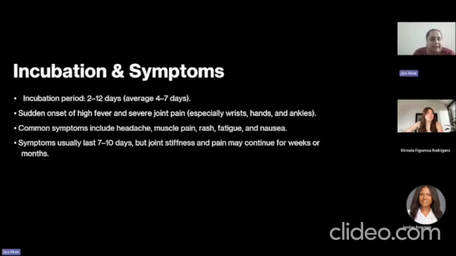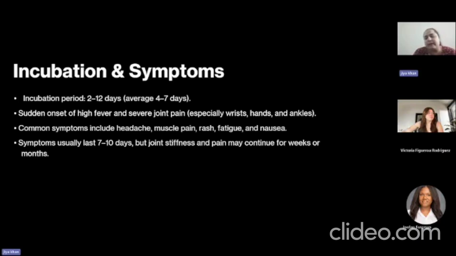The next slide I will talk about is incubation and symptoms. After a person is bitten by an infected mosquito, symptoms usually appear within 4 to 7 days. The illness begins suddenly with high fever and intense joint pain that can make it hard to move, especially your wrists, hands, and ankles.